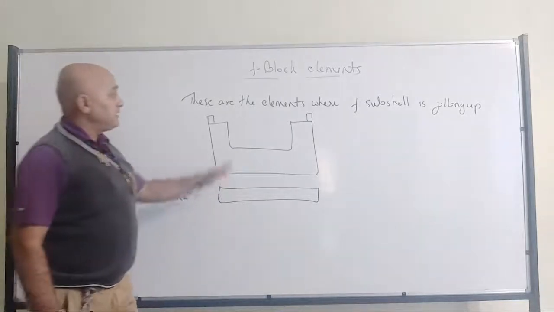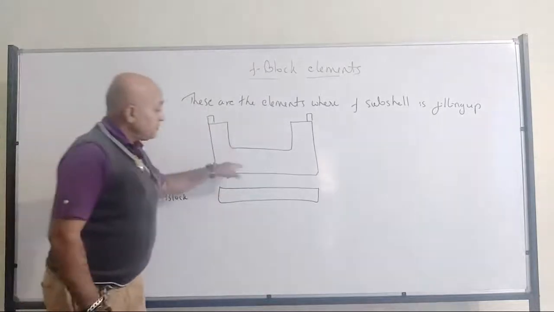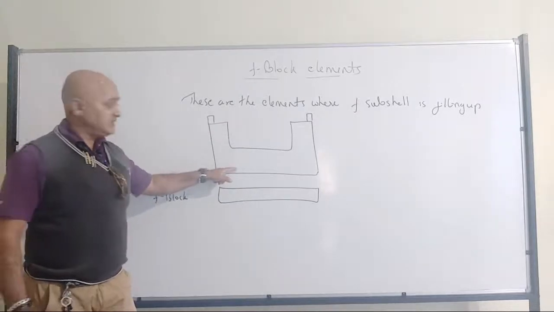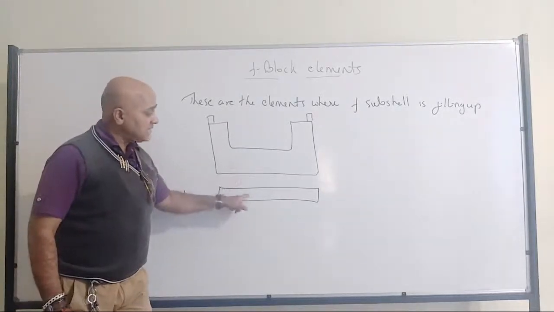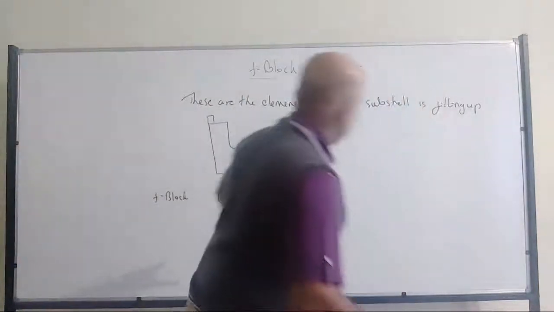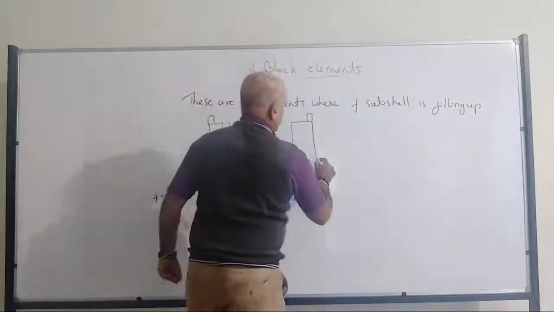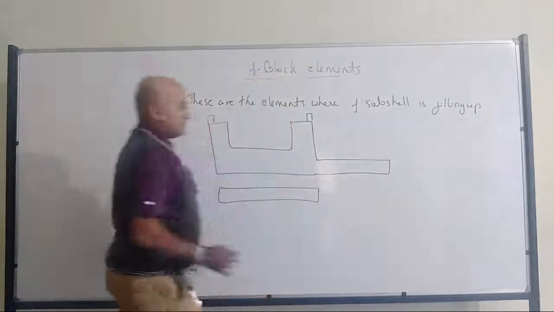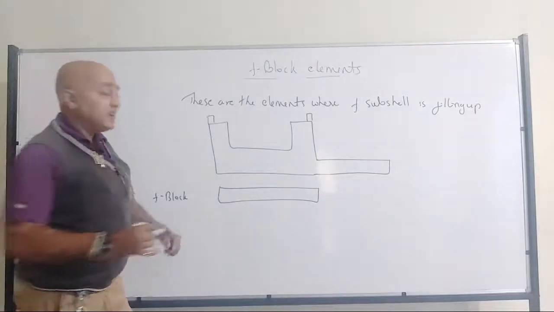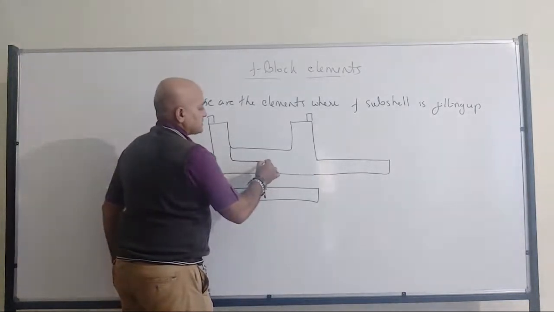Otherwise what will happen? Within the D block, as I have told while discussing the D block, especially the 5D and 6D series, within that series the F subshell, that means the F block, will come. So if they did not include this at the bottom, then the periodic table would have been like this. One thing is here, and another important point is that the D block would have been like this.